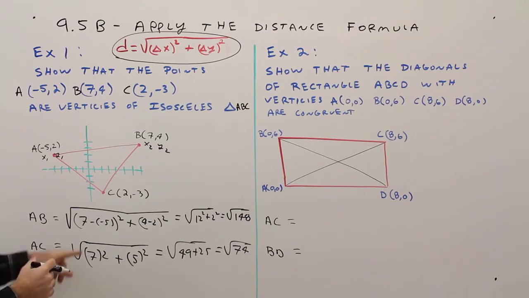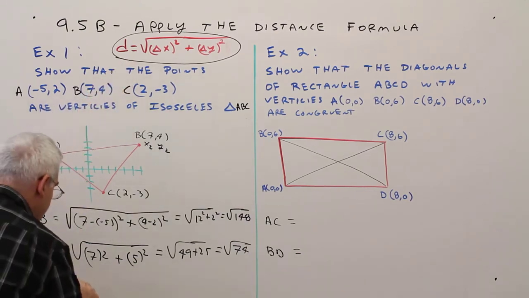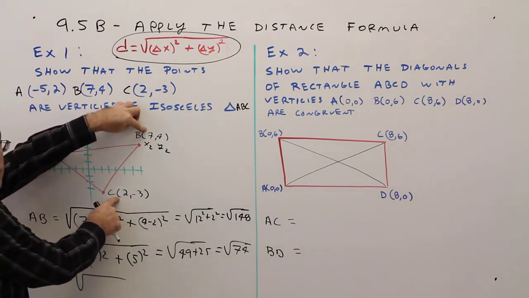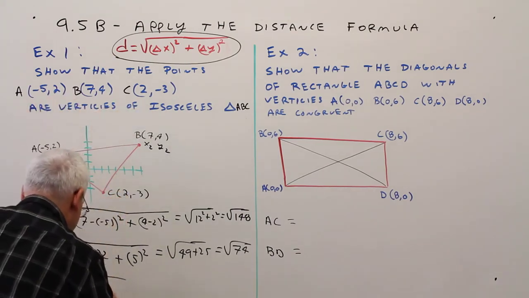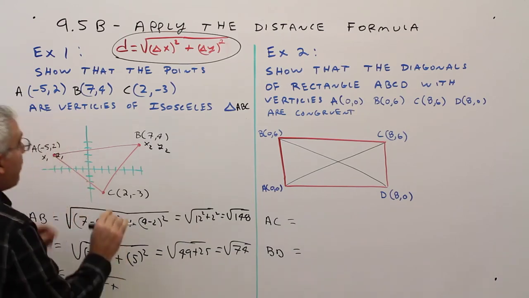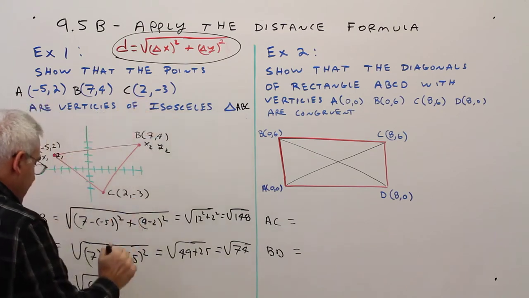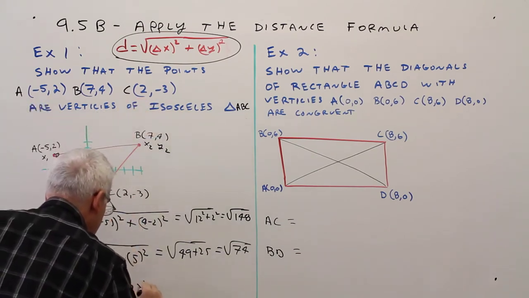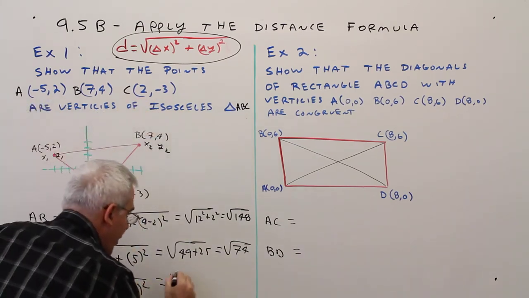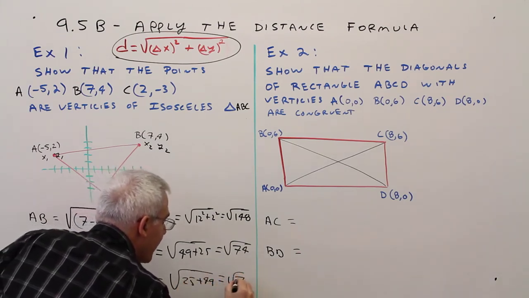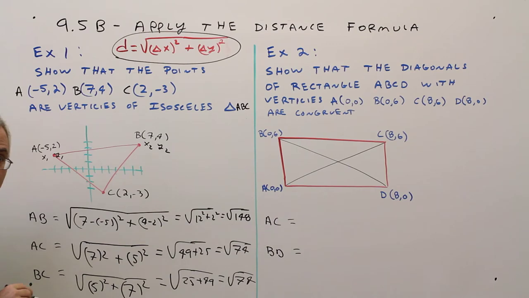Now from B to C, again, I'm going to use this formula here. So from B to C, the change in the x values is just 5. So it's going to be 5 squared, plus the change in the y values, that's going to be 7. So 7 squared. So it's going to be the square root of 25 plus 49, which will be the square root of 74.